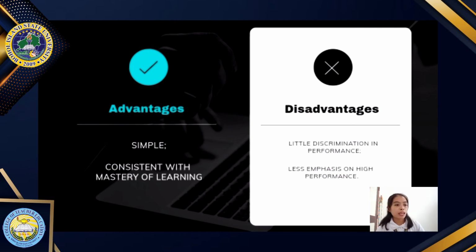And pass-fail grading has the potential to make the learning environment more relaxed by focusing students' attention on learning rather than on grades. It is according to Goldstein and Tilker 1971.